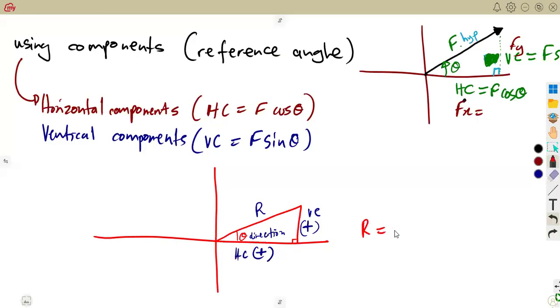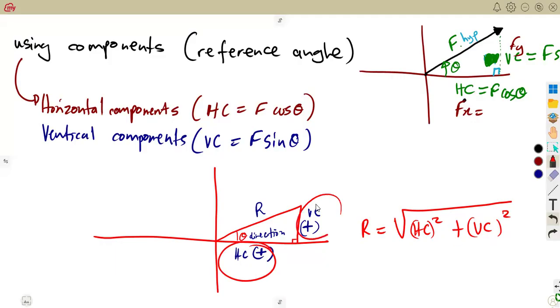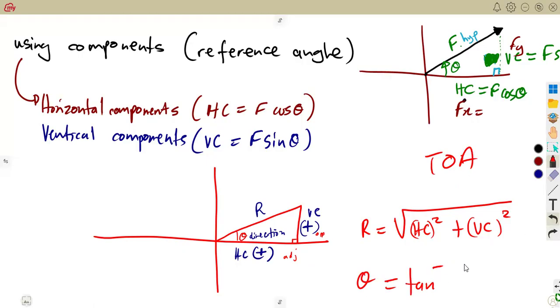To calculate your resultant, you can use, guys, your Pythagoras theorem: horizontal component squared plus the vertical component squared. Then for the direction, since you'll have horizontal and vertical, this is opposite and this is adjacent. We saw that opposite and adjacent are used with tan, so it's arctan. To find the angle theta, you are going to use arctan of opposite over adjacent.